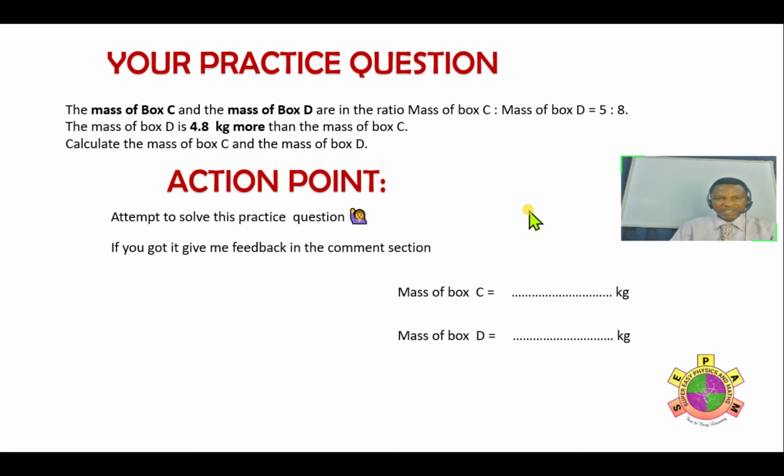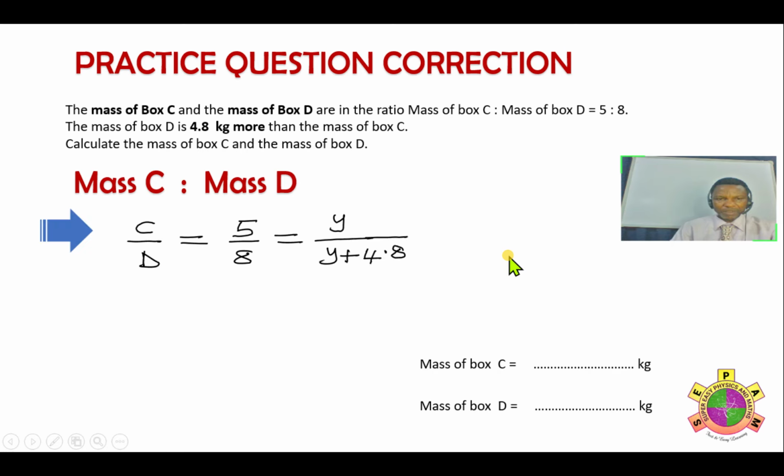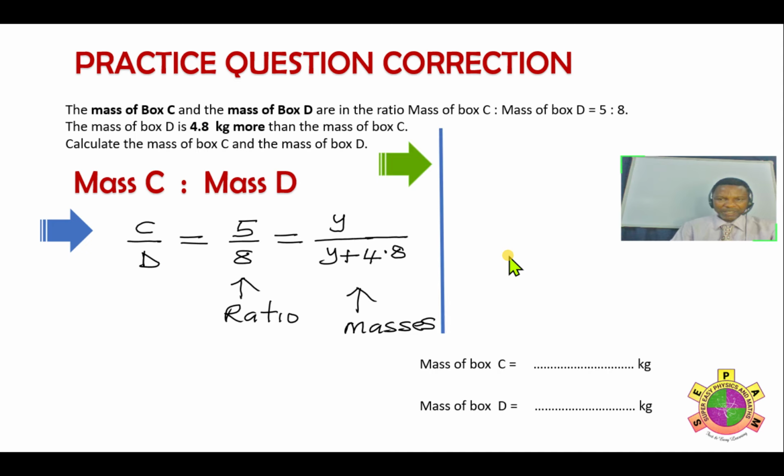All right, but in case you are not able to solve it, let's proceed. I have the correction. So first of all, we have mass of C to D, which is direct. This time I've explained it, so I just want to go straight to solve it. Then we have the ratio and that of masses.